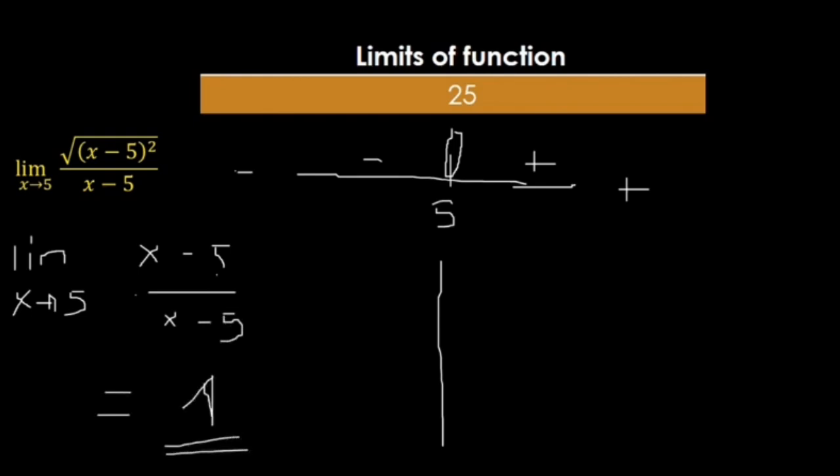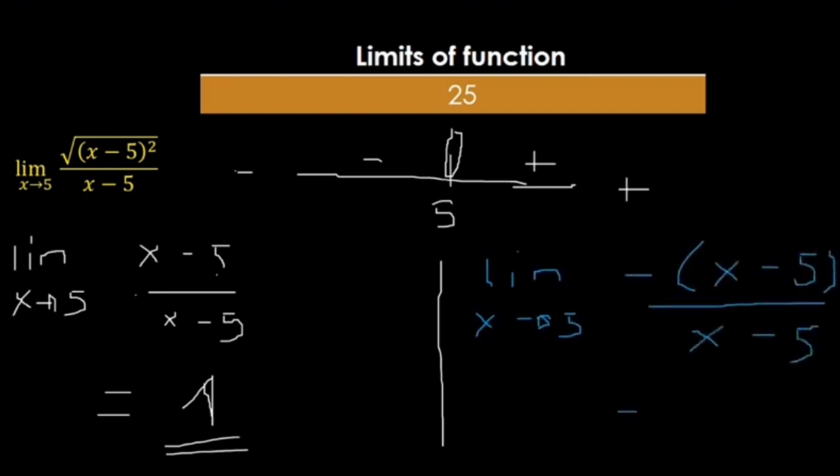Therefore, on the other side, that is taking the negative part of it, that will be limit x tends to 5 of minus into x minus 5 all over x minus 5. The answer will be equals to negative 1.